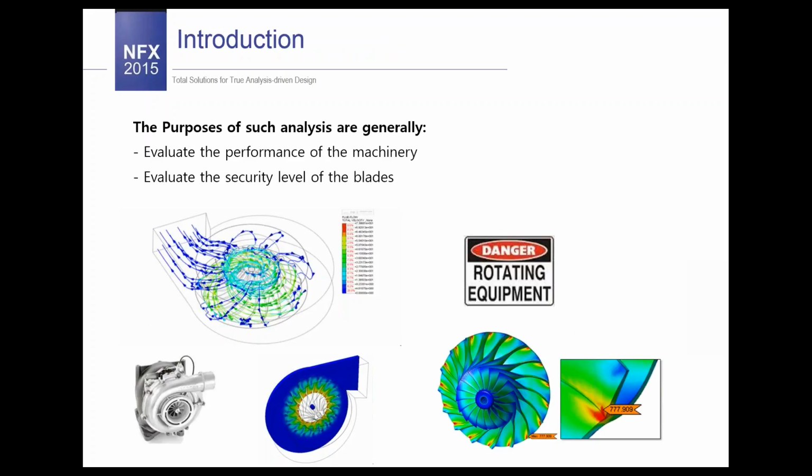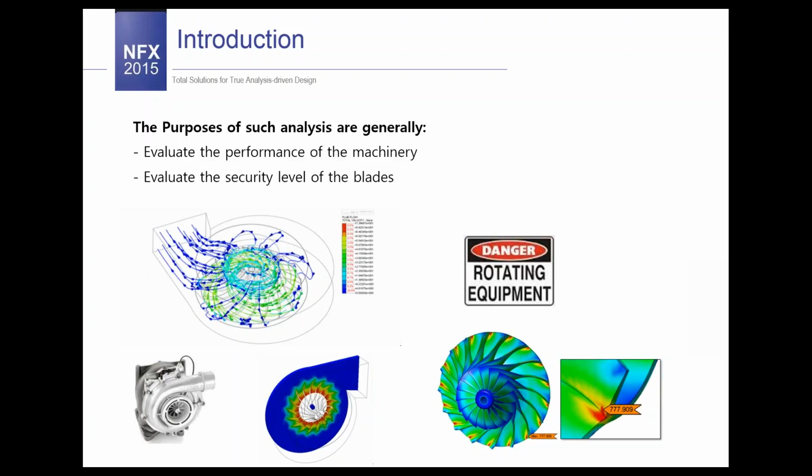First of all, you must understand why we are doing this kind of analysis. For most of you it's obvious, but the purpose is that we want to evaluate the performance of rotating machinery. It can be pumps, fans, or a lot of other rotating equipment, and also evaluate the security, for example, of the blades.